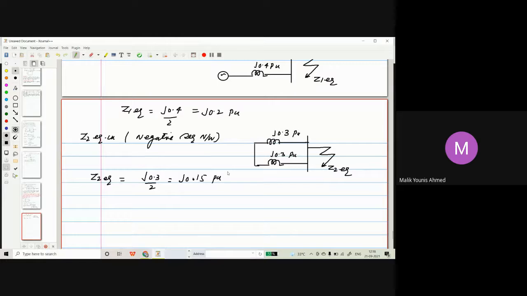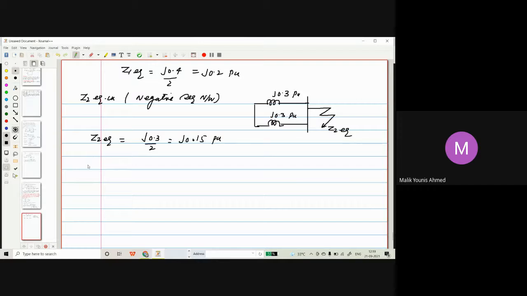Okay, 0.15 per unit. So what did we have to find? If the fault is at the terminal of the ground, what will be the fault current? So first we also have to make the zero sequence.